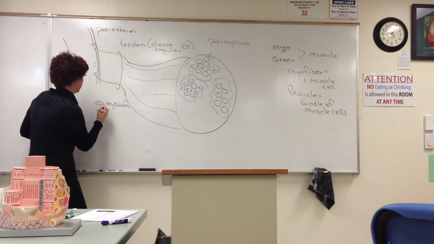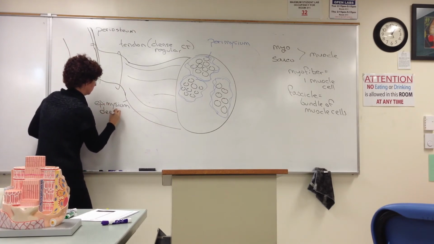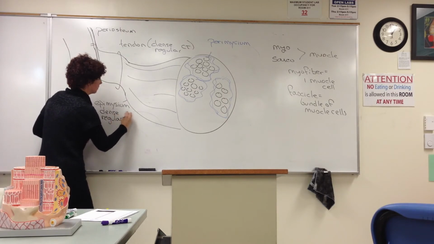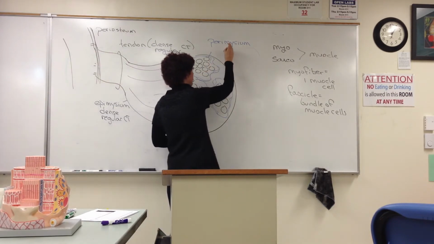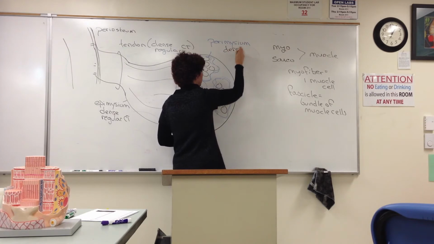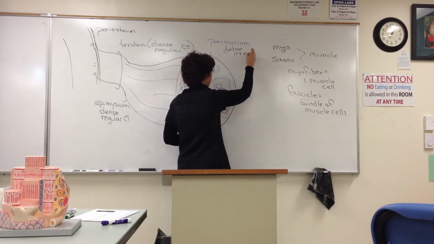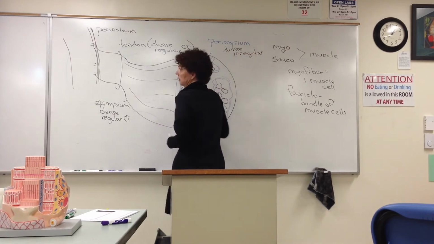Epimysium is dense regular. And perimysium is dense irregular.